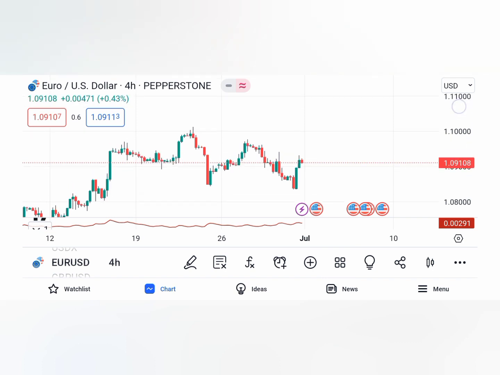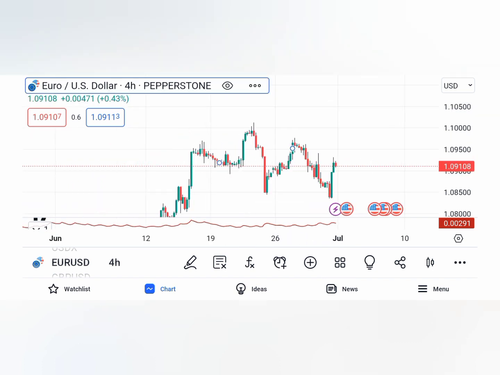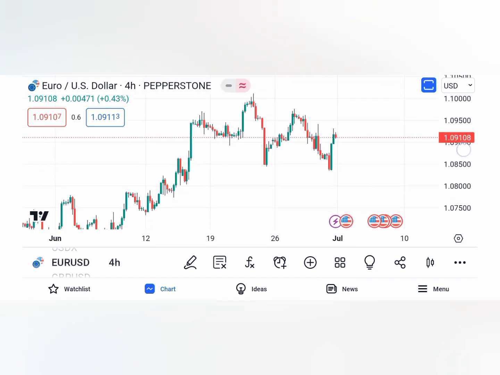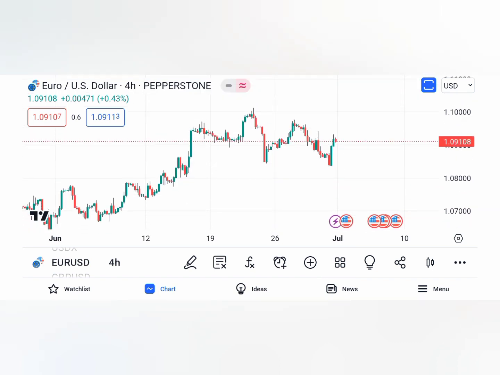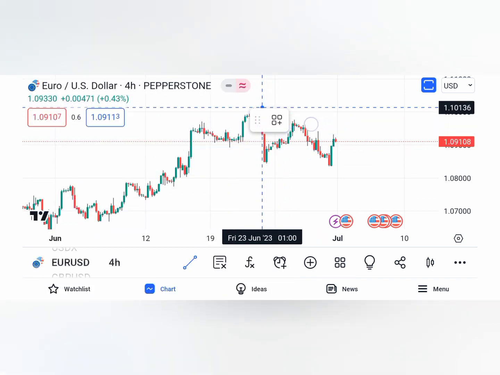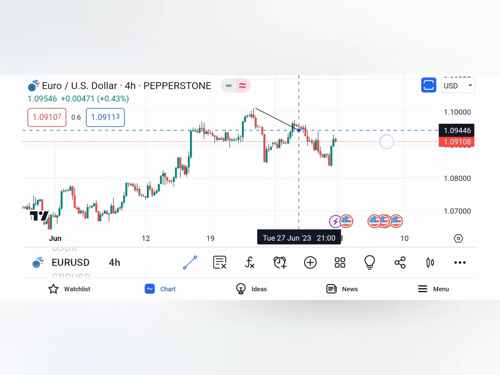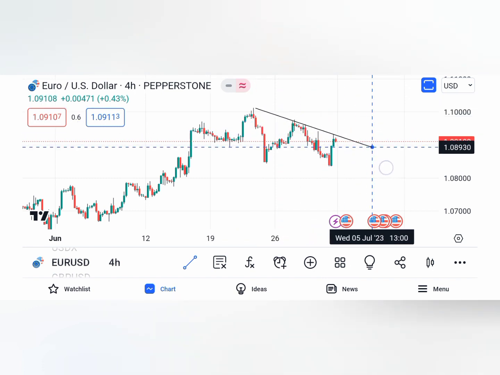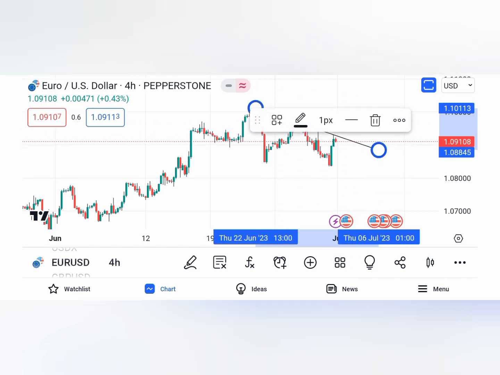So on the 4-hour time frame, let's try to spot our key levels. We can have a trend line here.